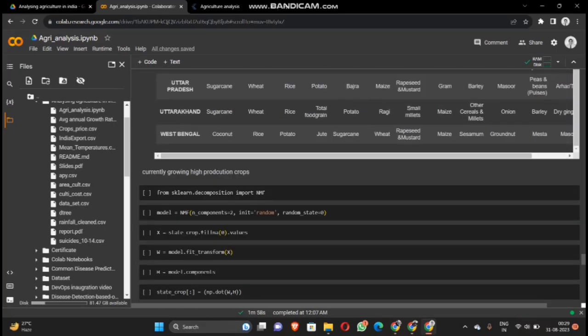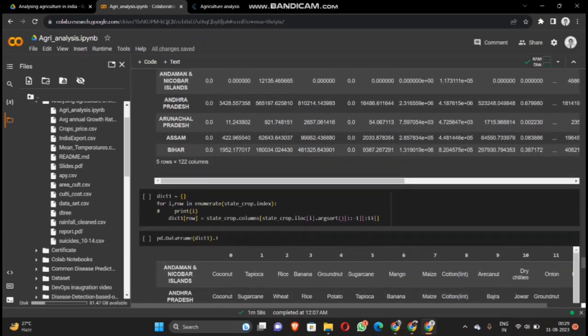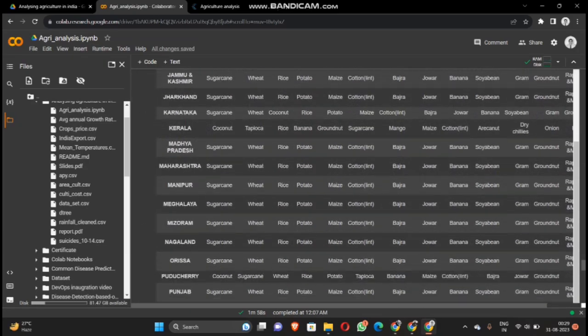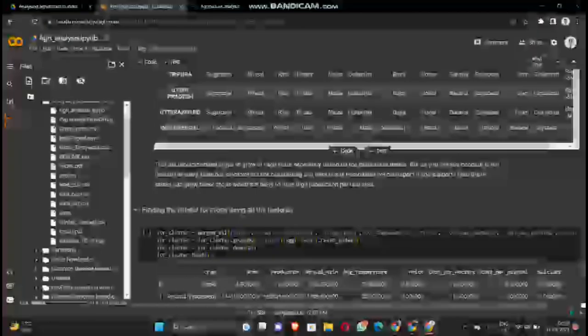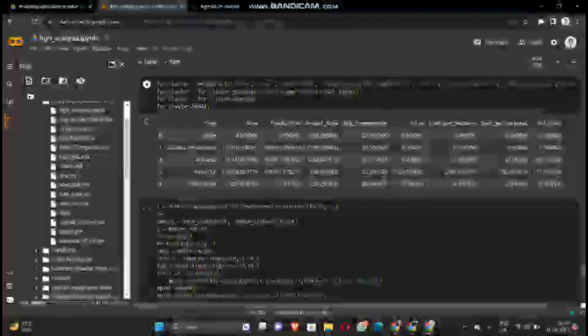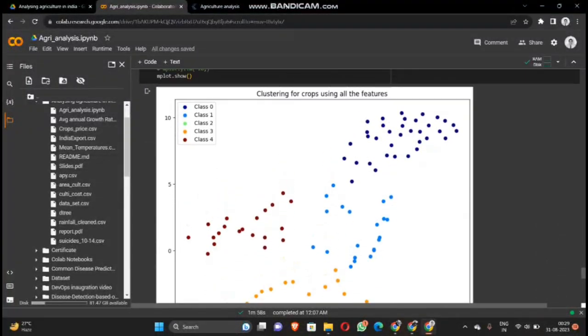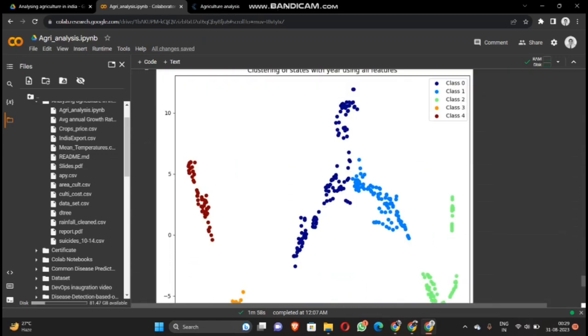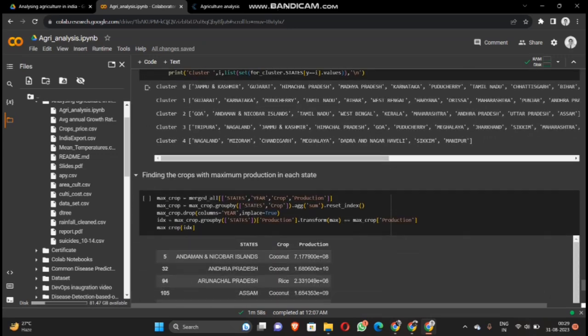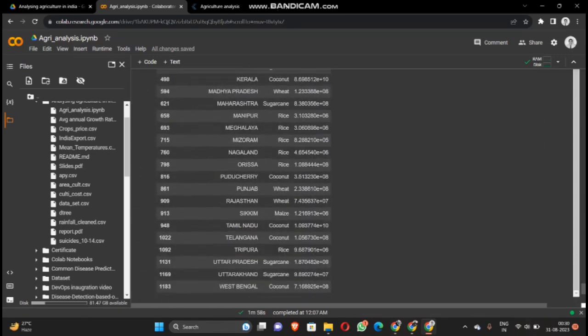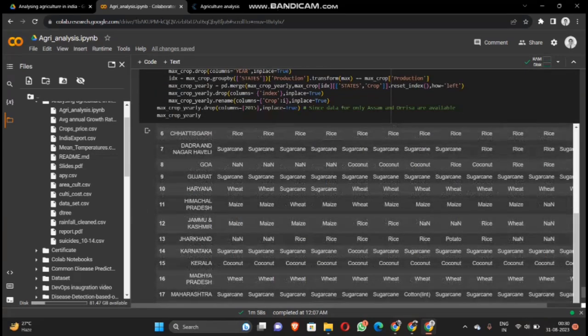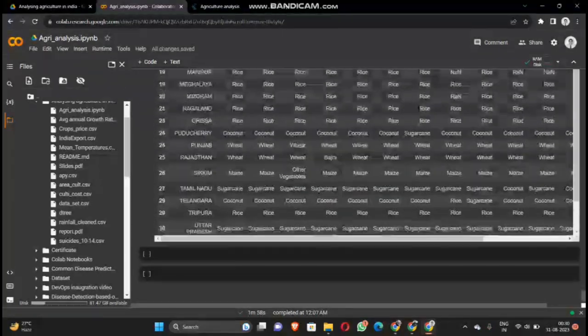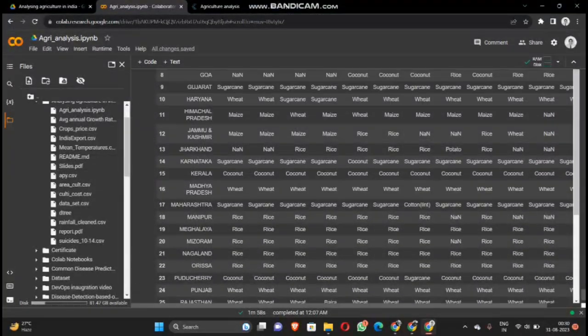So these are the predicted results, showing which crop we should grow and at what amount. Here is the clustering phase and states, and here is the end result.